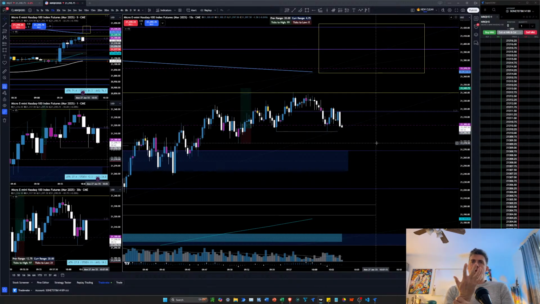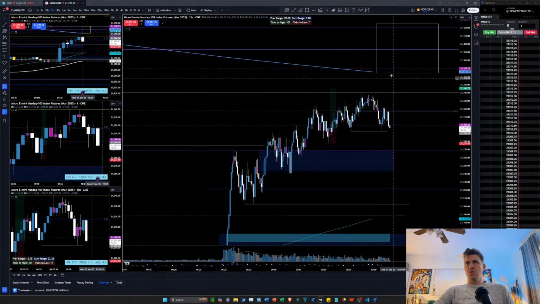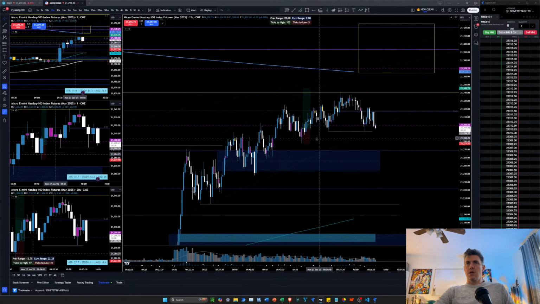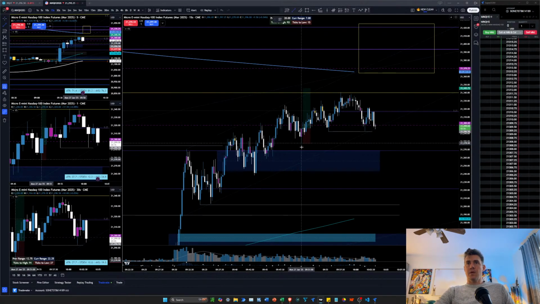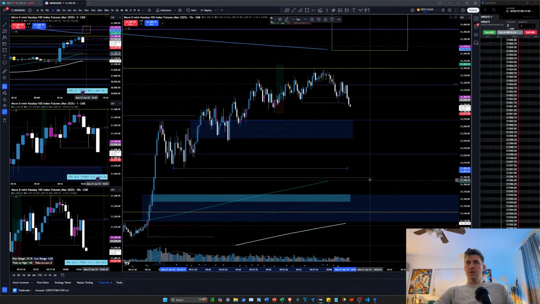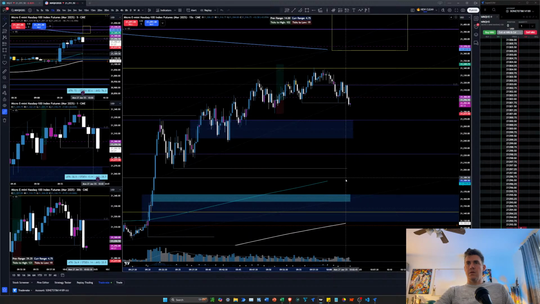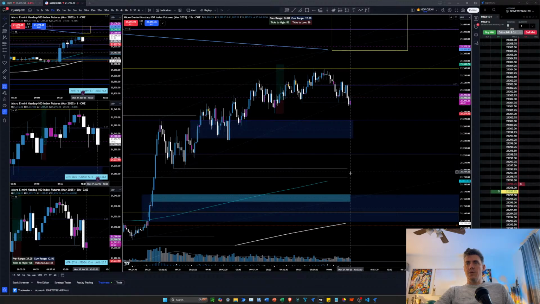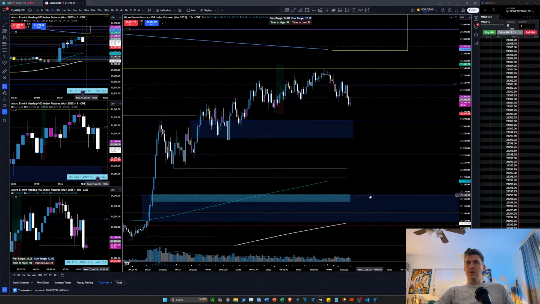This is not a planned trade to get long towards the 200. I will get long from this liquidity here, lining up with the 20 period, or I will get long from initial imbalance all the way down here at the 200 from the 1 minute.